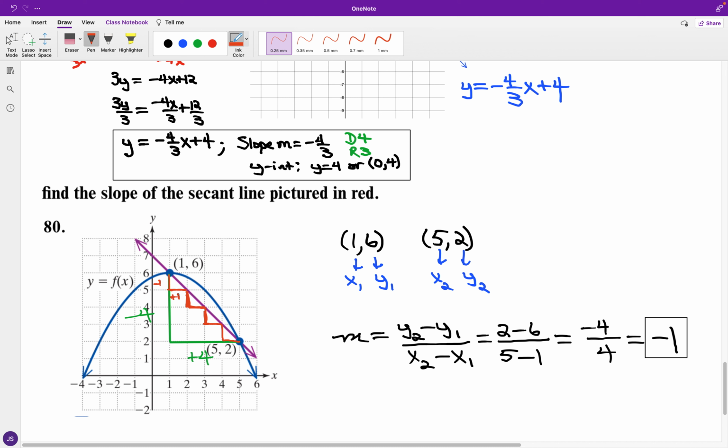It's got -1, +1, and through that pathway, instead of the collective drop over the collective shift, incrementally dropping one, shifting right one, gradually. So you have from (1, 6) to (2, 5) to (3, 4) to (4, 3), and you still had that pathway to (5, 2), still remaining on that secant line.